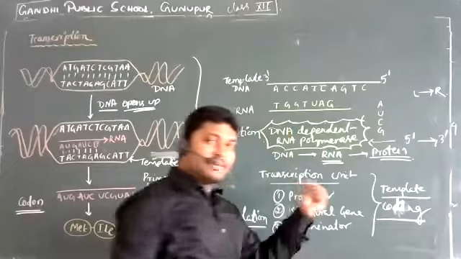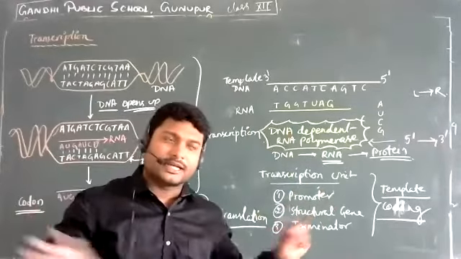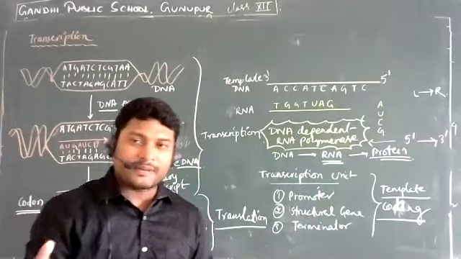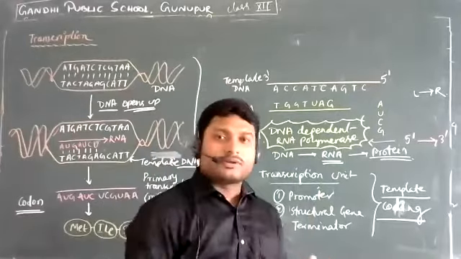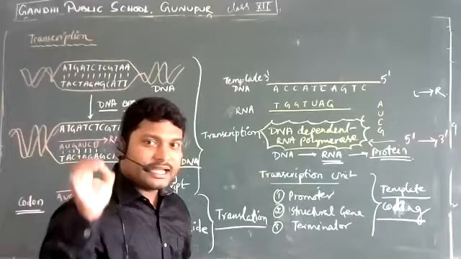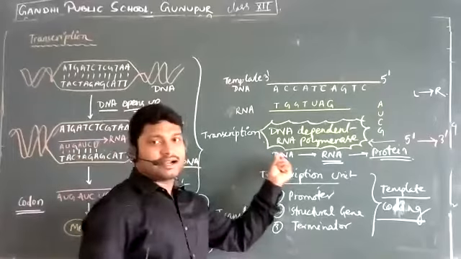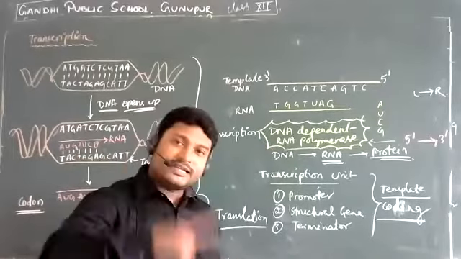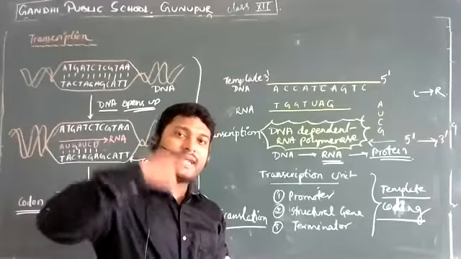So when this enzyme works, it is not going to worry about anything. It is going to simply polymerize in the 5 prime to 3 prime direction. It is going to keep on adding the nucleoside triphosphates. So the substrate here is going to be nucleoside triphosphates, and they are going to be added based on the sequence of the DNA. So the DNA, which is the template DNA, must be antiparallel.